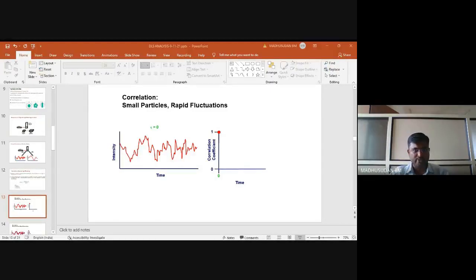It should be transparent, since we are passing a laser light here, and should maintain a refractive index that is different from the particle. The refractive index and the viscosity should be known with accuracy better than 0.5 percent.